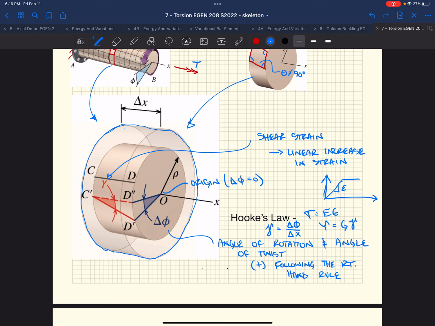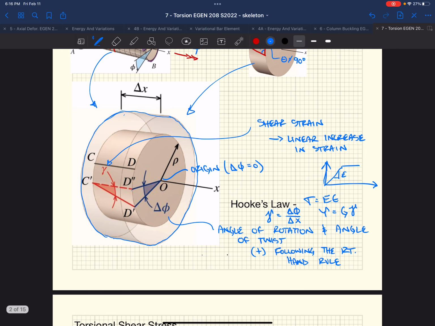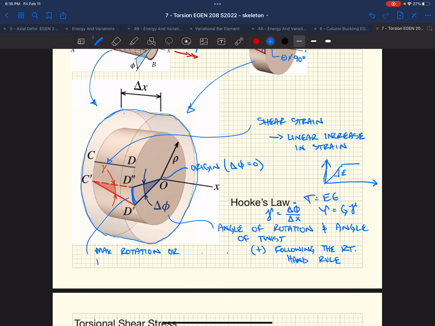That was our Hooke's law with respect to shear stress. So as we get further and further out on our shaft, we have the max rotation, or twist, at the outside face.